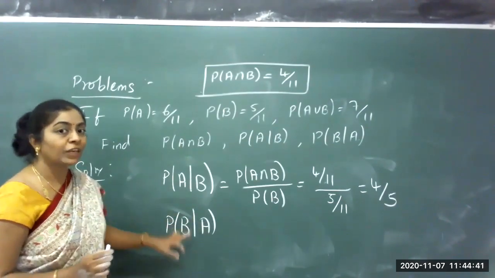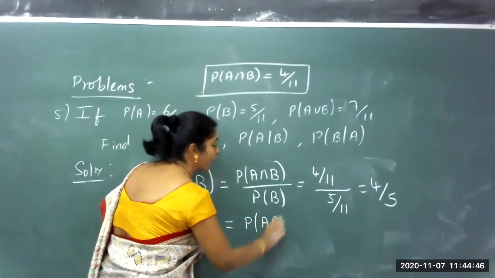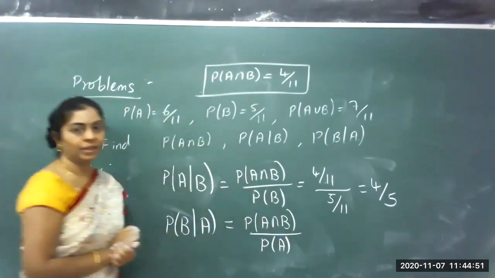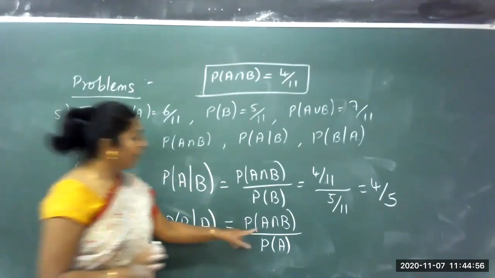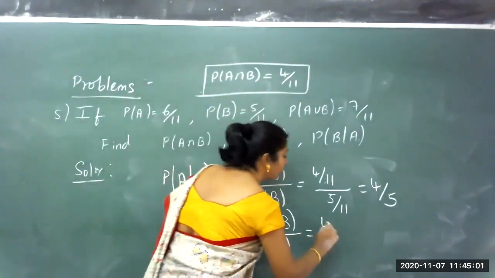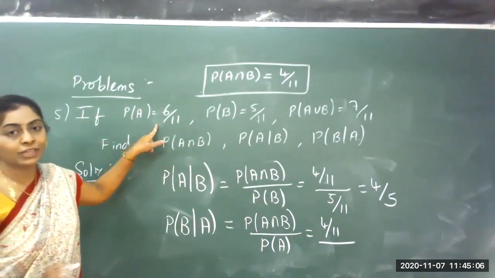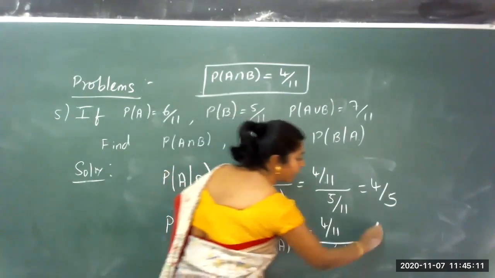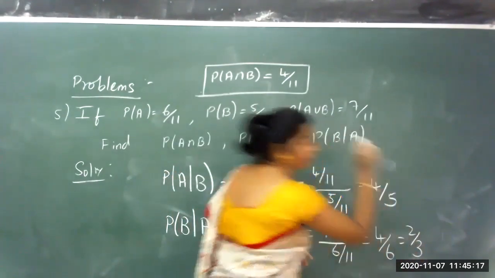Conditional probability of event B when event A has occurred is given by probability of A intersection B divided by probability of A. Probability of A intersection B, we have found the value, I substitute that, 4 by 11, divided by probability of A, which was also given in the data, 6 by 11. 11 and 11 I can cancel, 4 by 6, they are multiples of 2, so 2 by 3.